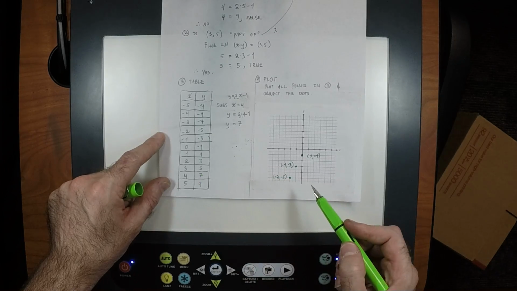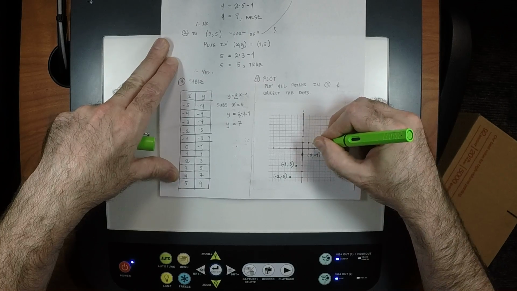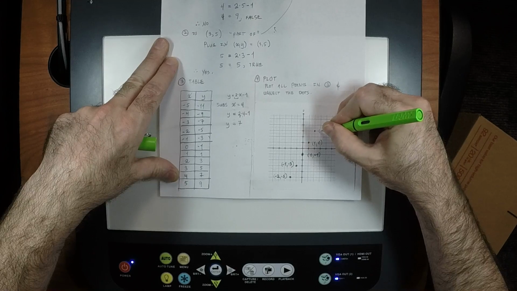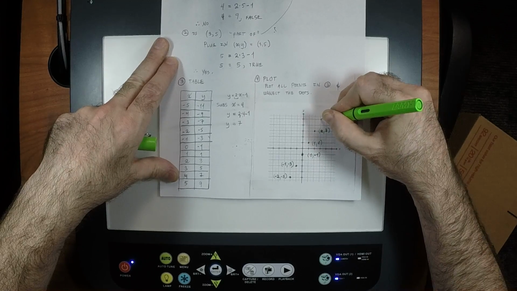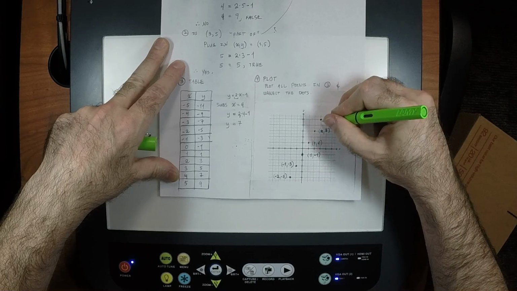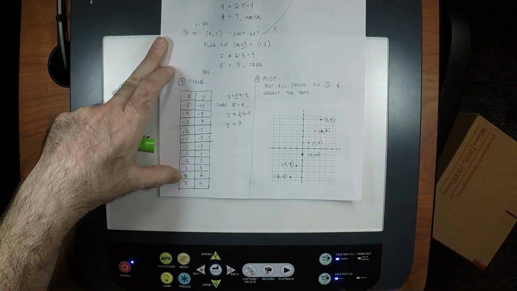So 1 to the right, 2 up. The rest of them will look like this. And then we can't fit any more: 3, 5. No more fit.